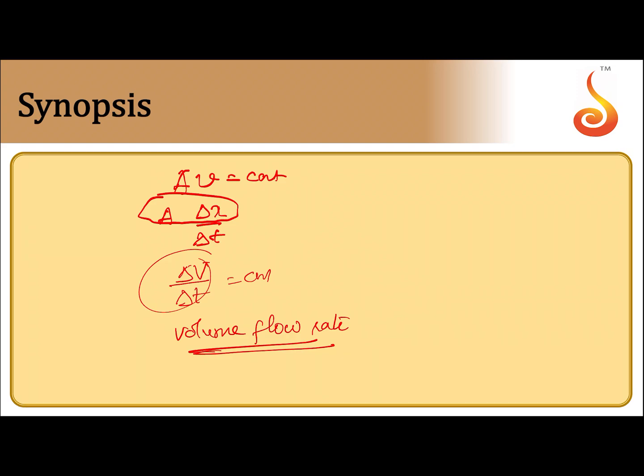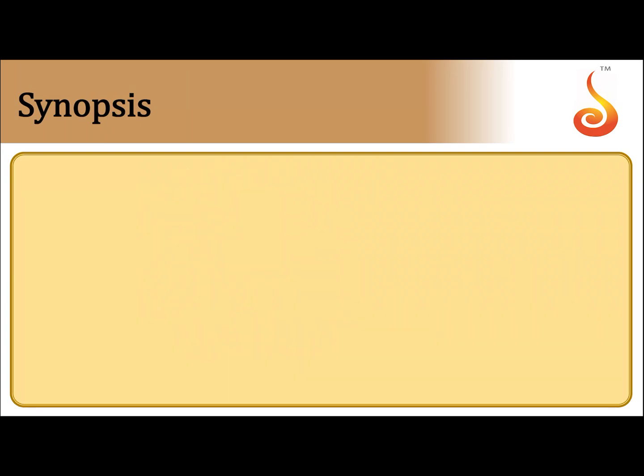If you are talking of constant density, then volume flow rate remains constant is a better description of the given situation. The second is energy conservation, given in the form of Bernoulli's theorem.